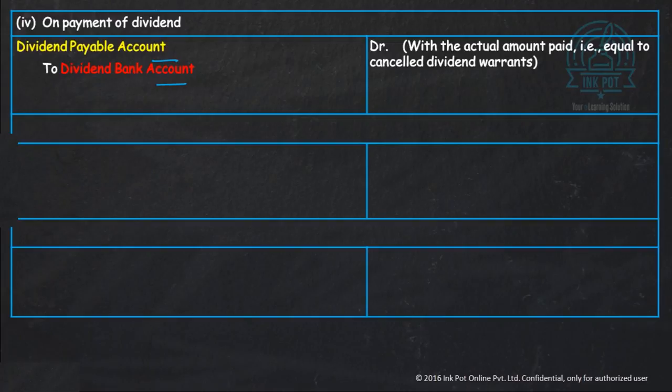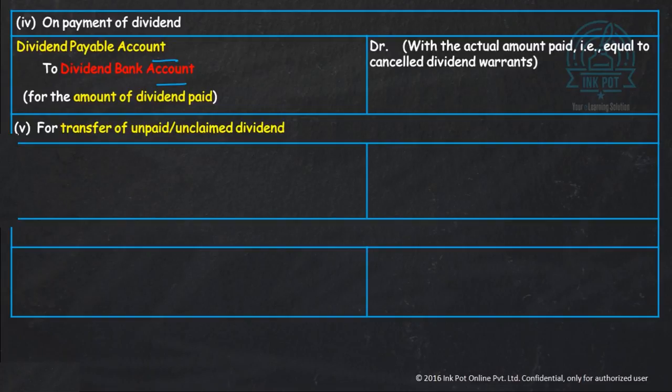If some dividend remains unclaimed, it is transferred to the unclaimed dividend account. Dividend payable account debit to unclaimed dividend account.